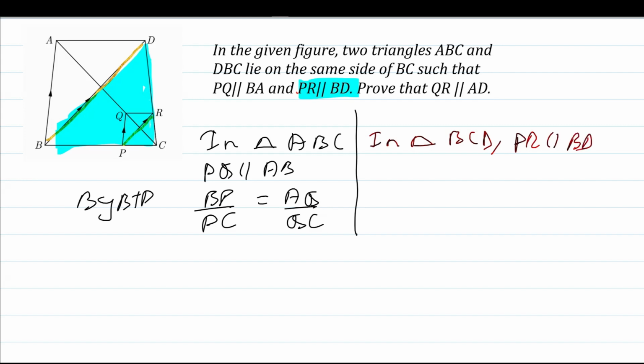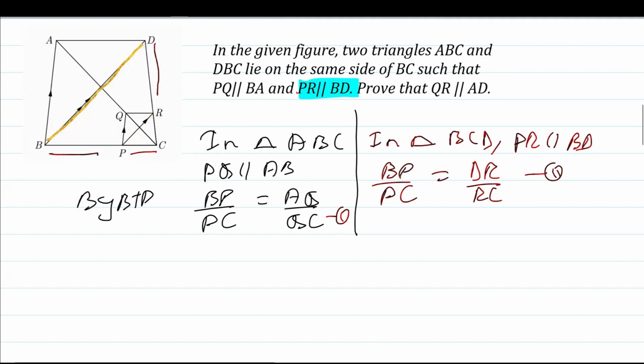So from here also we can say that BP over PC is equal to DR over RC. I mark this as equation 2, this being the first equation.